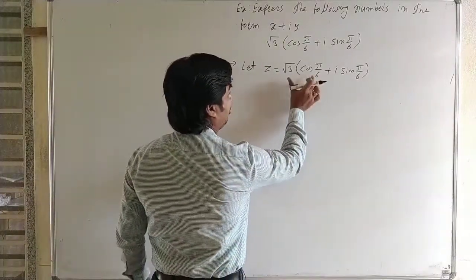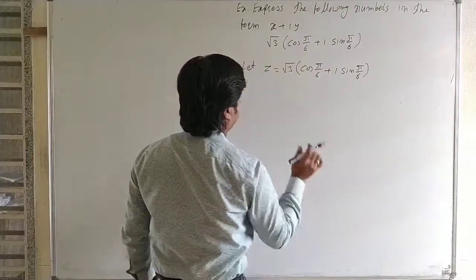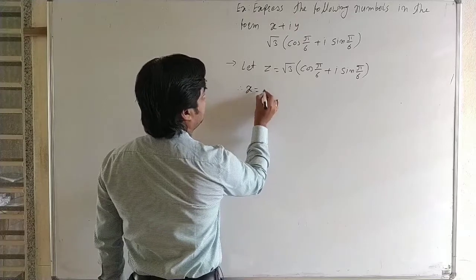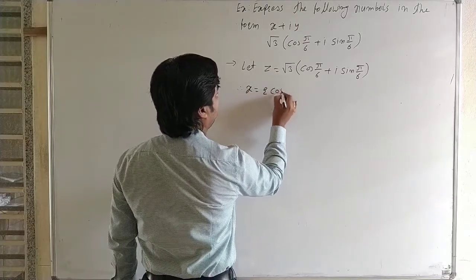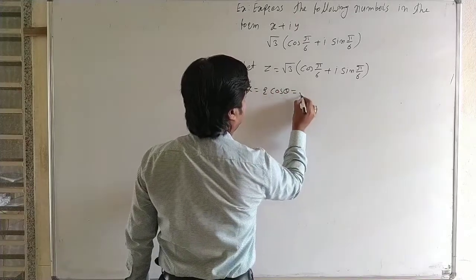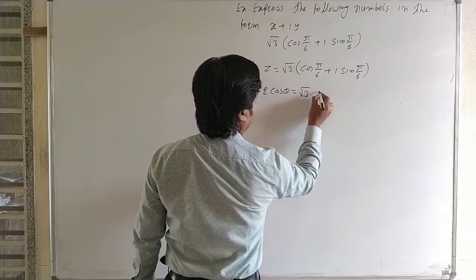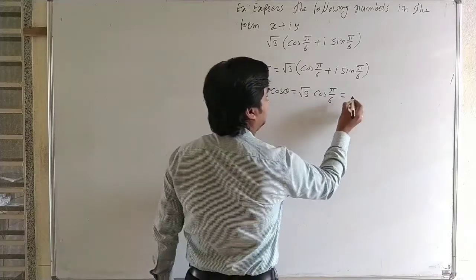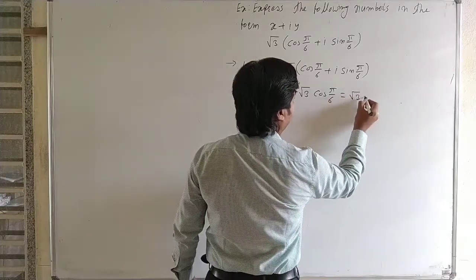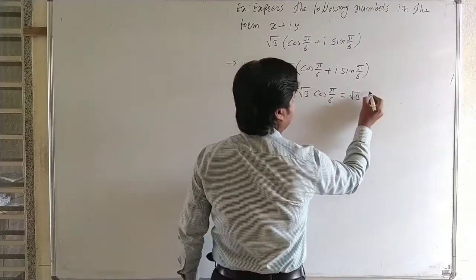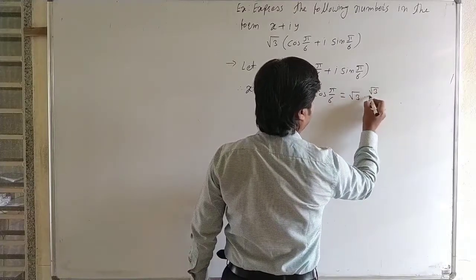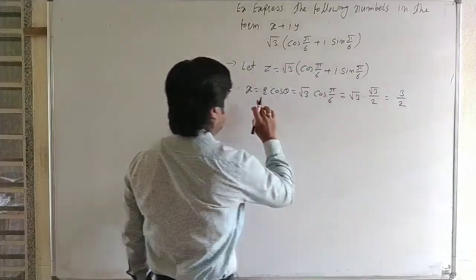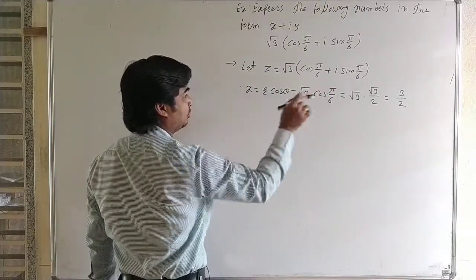Here x is equal to r cos theta, so we can write root 3 into cos pi by 6, which is root 3 into root 3 by 2, and that is 3 by 2. That is, x is equal to 3 by 2.